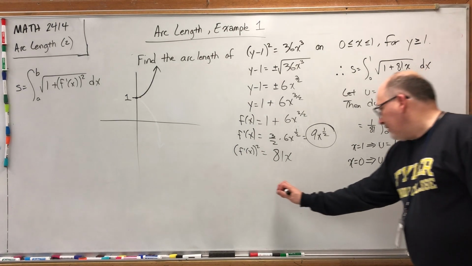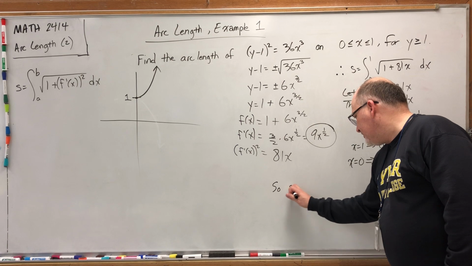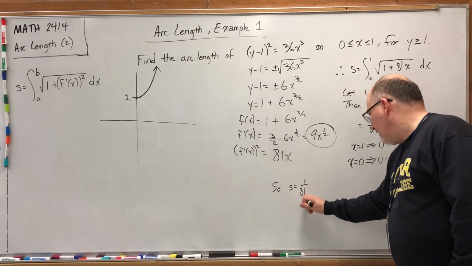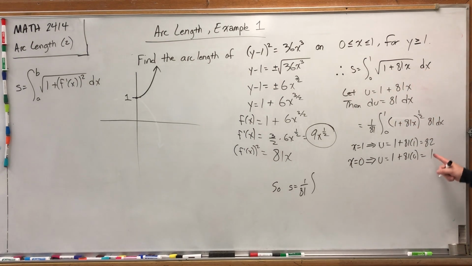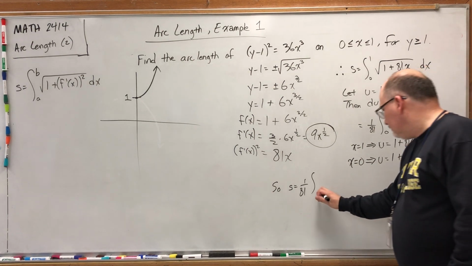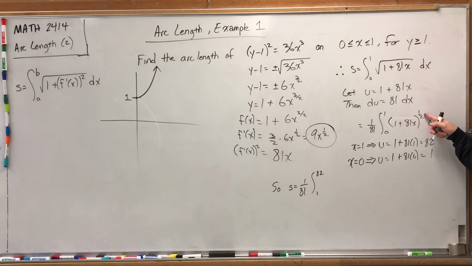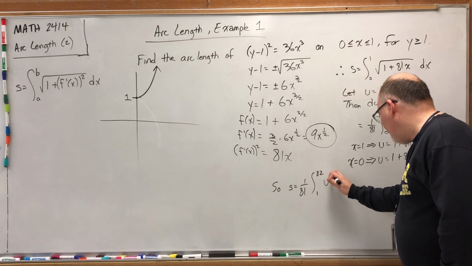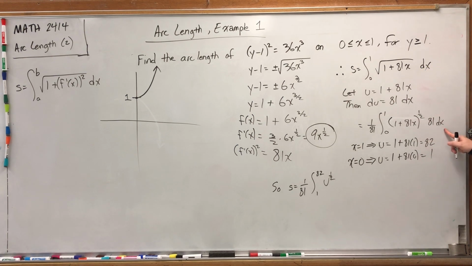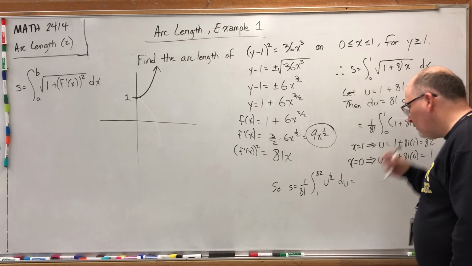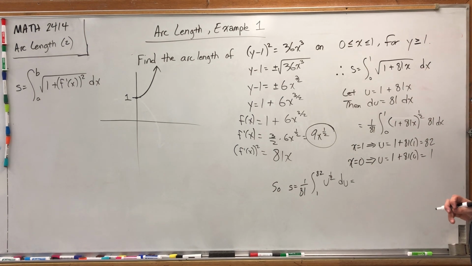So our arc length is going to be 1 over 81 integral from 1 to 82 of u to the 1/2, and then all this becomes du. All right, we're practically home free.